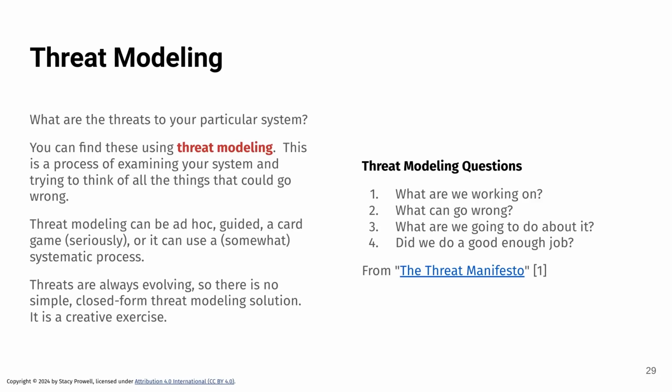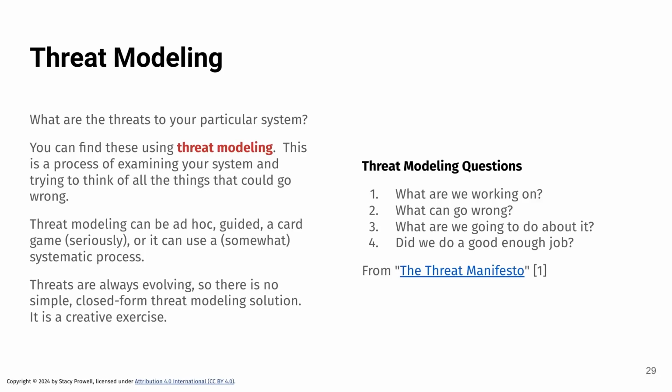And then finally, did we do a good enough job? We ask ourselves that question so that we can answer it with no, which means we have to keep going through the process of updating our threat model. Threats are always evolving, and we've seen a little bit of that over the course of this class. You do everything right, but it turns out someone comes along and discovers a property of the physics of memory that lets them subvert your system.